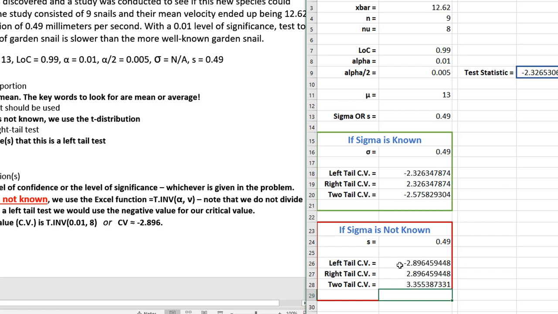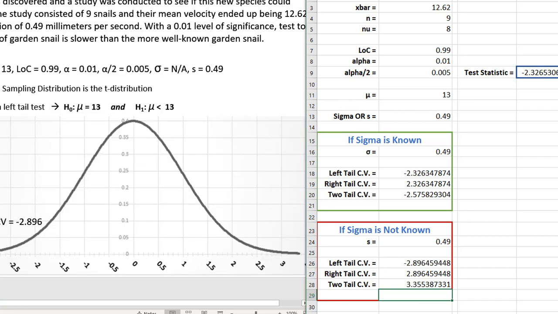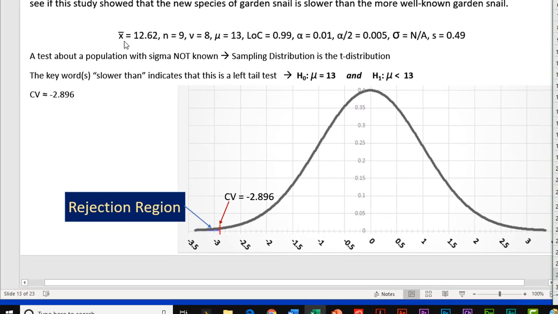We've already determined that it is a left tail test because of the words "slower than." That means my critical value on the left tail is negative 2.89645. Let's see what information we have and what we still need.